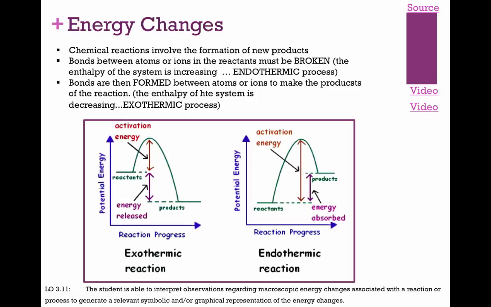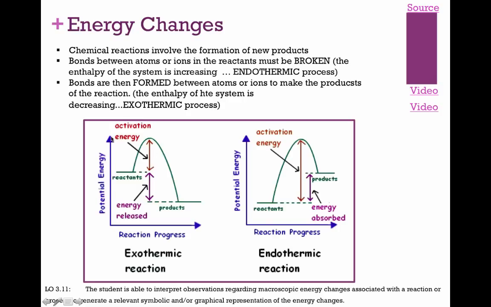So breaking bonds is endothermic. When you form bonds, like bringing two magnets together, it happens on its own. That releases energy. So breaking bonds takes energy, and forming bonds releases energy, and that's exothermic.